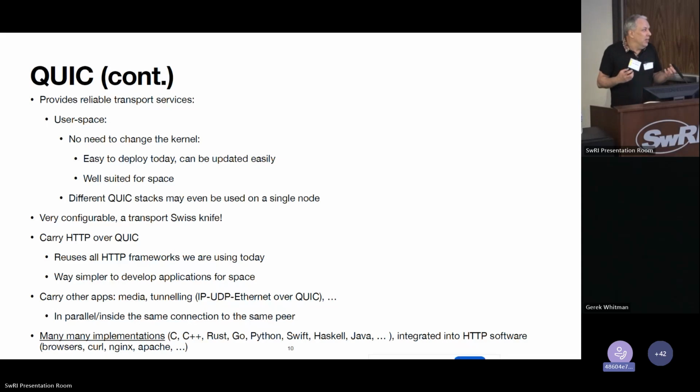But in fact, a framework which is really async and done for being careful about traffic is actually possible today. And you have many implementations in C, C++, Rust, Go, Python, Swift, Haskell, Java, and integrated into HTTP software, for example. QUIC is not only HTTP, but is most used as HTTP.